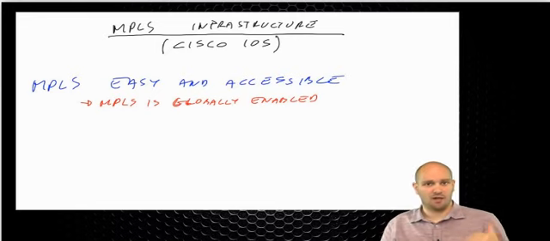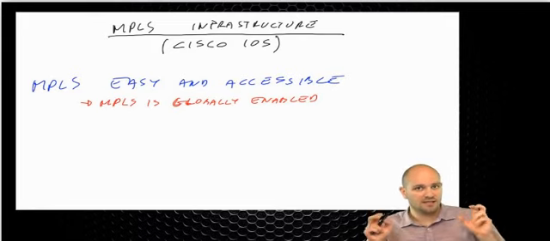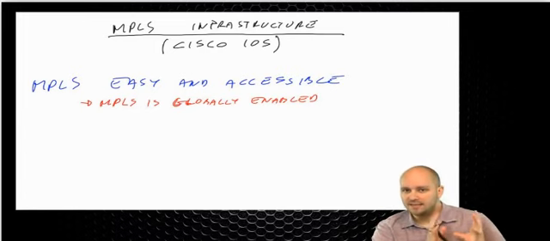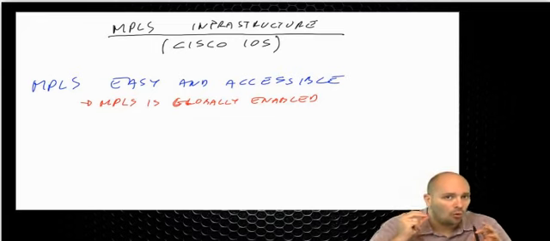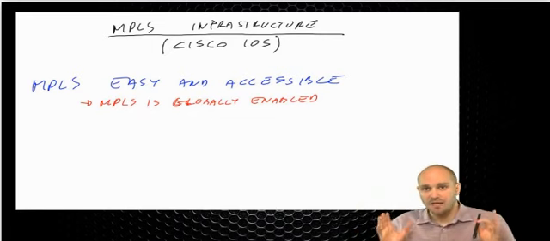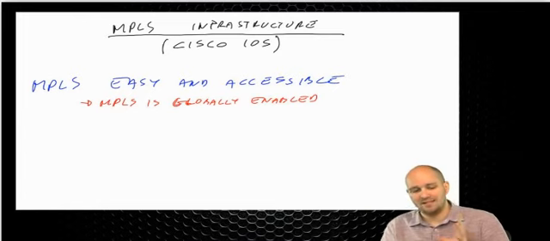MPLS, or the label switching, is not enabled on any interfaces by default. I will talk about these things in great detail, but they are actually in standby, waiting to be turned on, and the moment you enable MPLS on one interface, a whole set of things happens behind the curtains without you actually having to do anything, because MPLS is right there, globally enabled and ready to go.